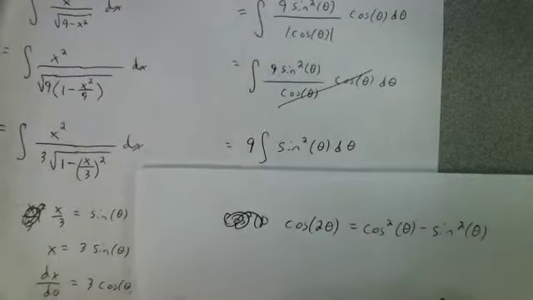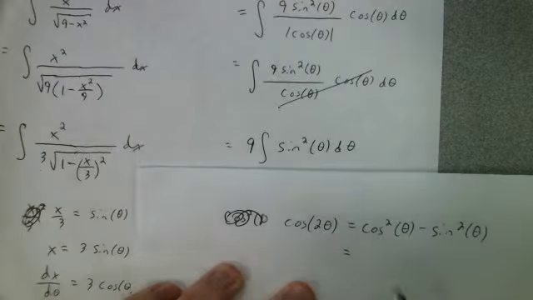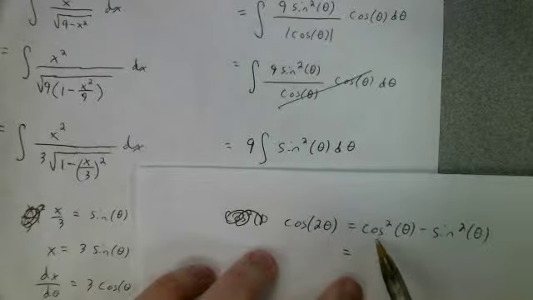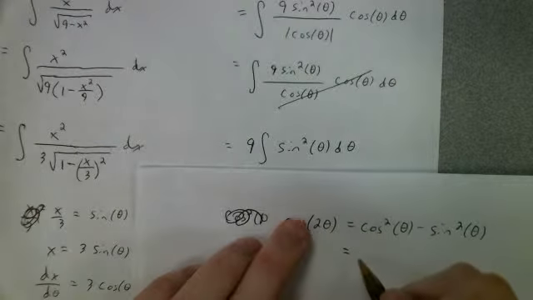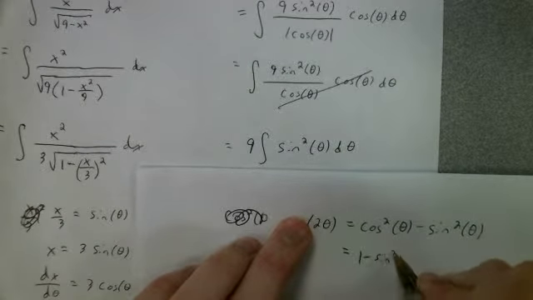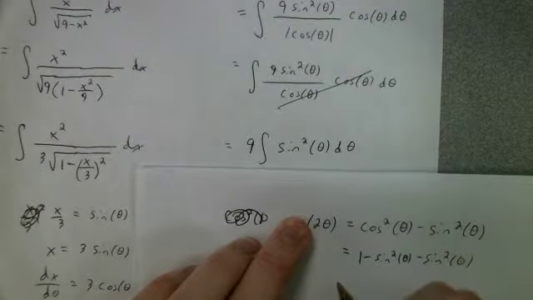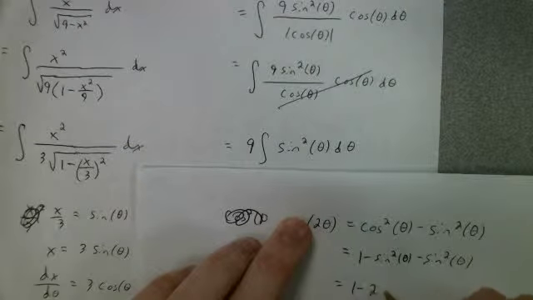And because sine squared plus cosine squared is 1, I can replace cosine squared with 1 minus sine squared. If I do that, I get a new identity: 1 minus 2 sine squared theta.